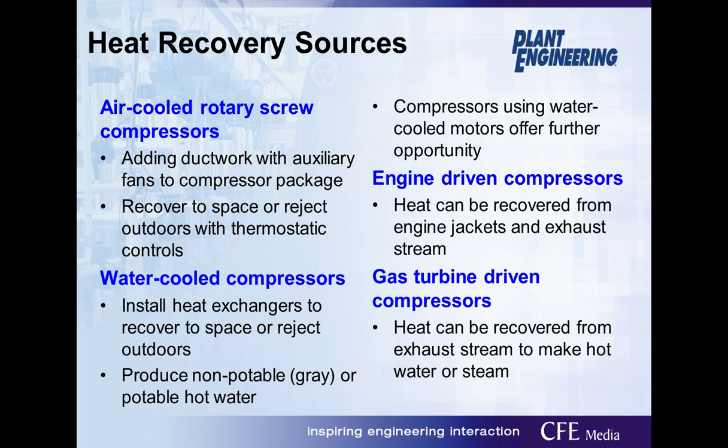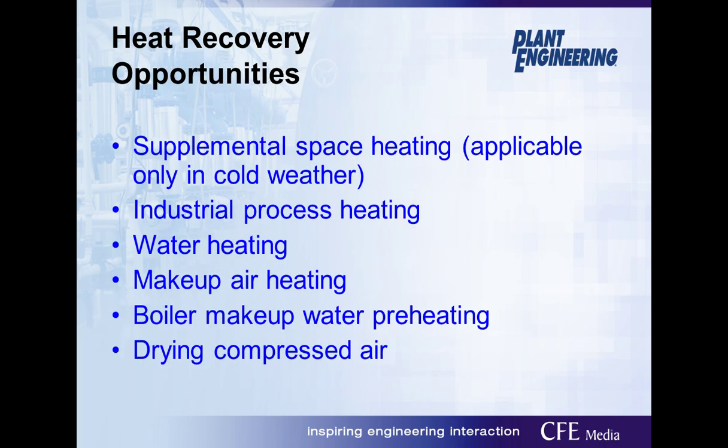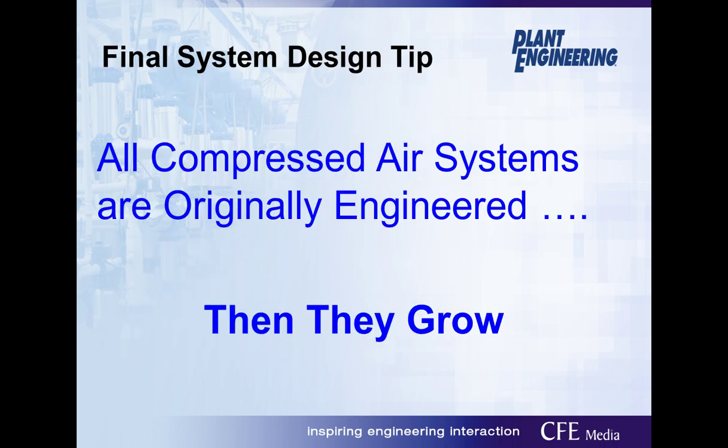So it allows you to use different things for heat recovery sources. Some of the examples that we have: supplemental heating for cold water areas, industrial process heating, water heating, makeup air, boiler water makeup preheating, and drying compressed air through heated compression dryers for oil-free machines.